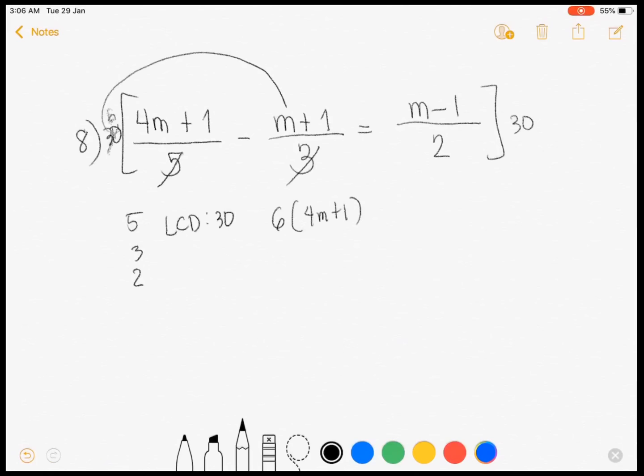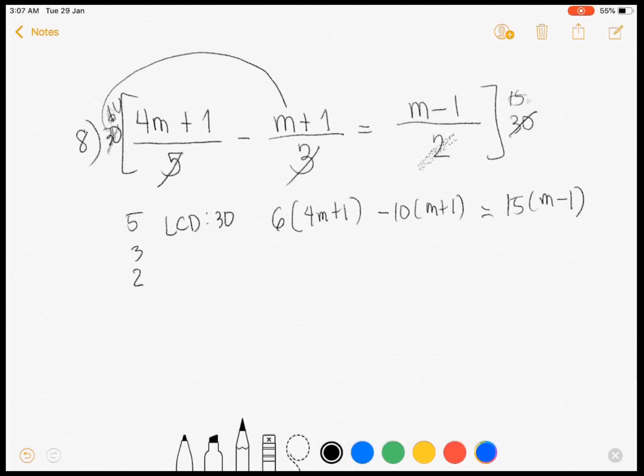So makakancel yung 3 sa baba and then magiging 10 na lang yung 30. So we have negative 10 times m plus 1. So huwag niyo kakalimutan yung parenthesis kapag meron na kayong more than 1 term. Equal to, so m minus 1 times 30. So makakancel yung 2 and then yung 30 magiging 15 na lang. So we have 15 times m minus 1.